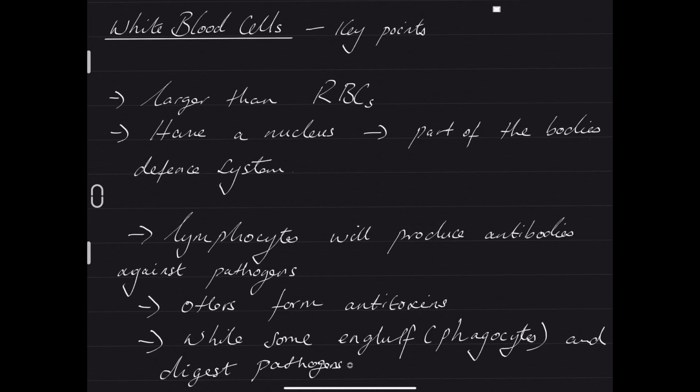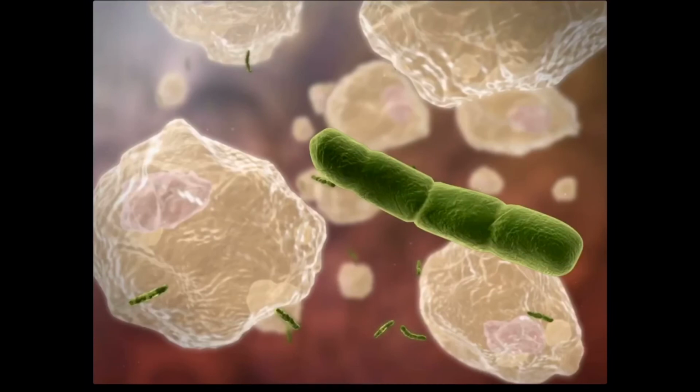Now I'm going to show you a short clip where we are looking at the different types of immune response via the white blood cells, how white blood cells are working. So we're just going to look at one of the processes by which white blood cells can work, and we're going to look at phagocytosis, and this is carried out by white blood cells known as phagocytes. So as I play the video, I just want you to notice the mechanism by which these white blood cells will neutralize these particular pathogens.